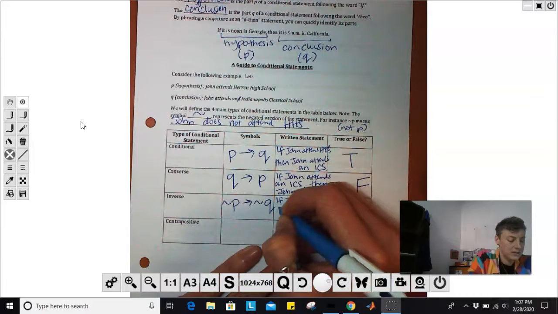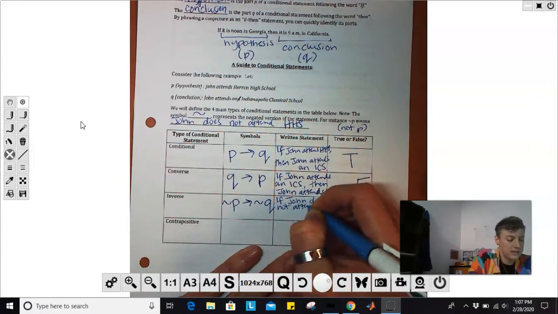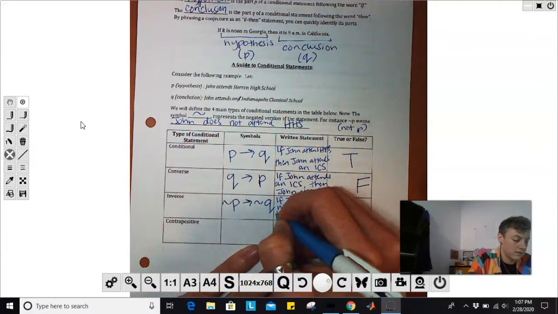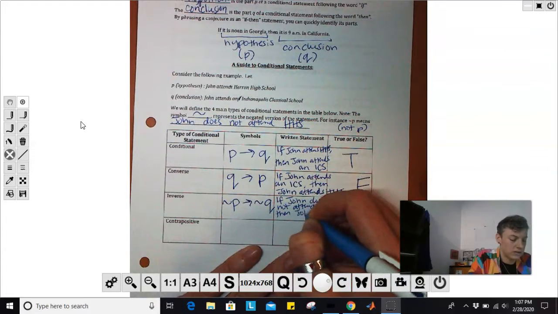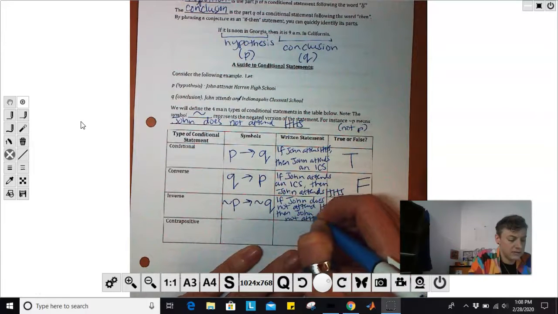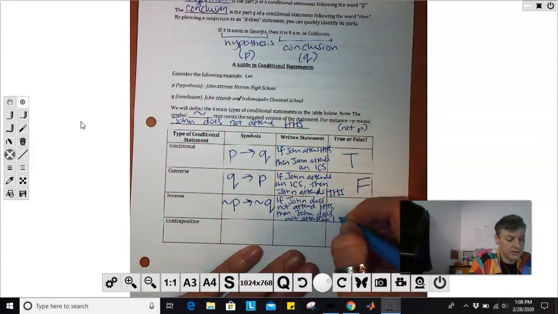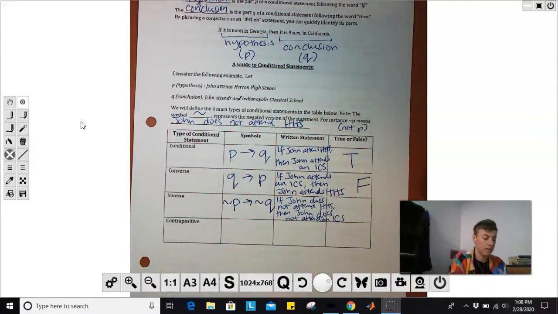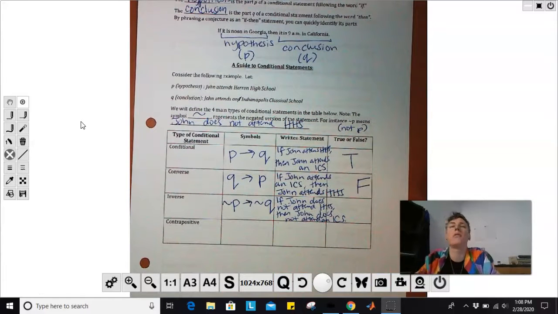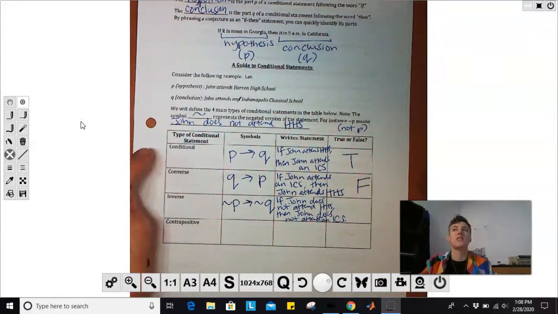That's our inverse statement where we make both parts of the original conditional negative.